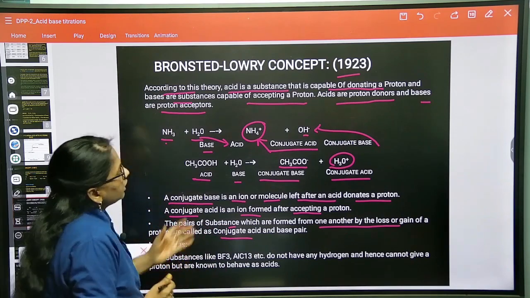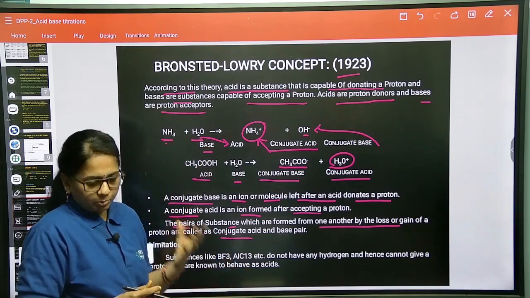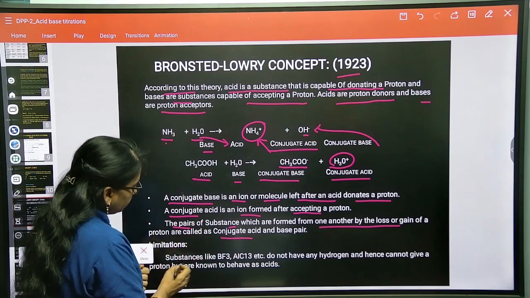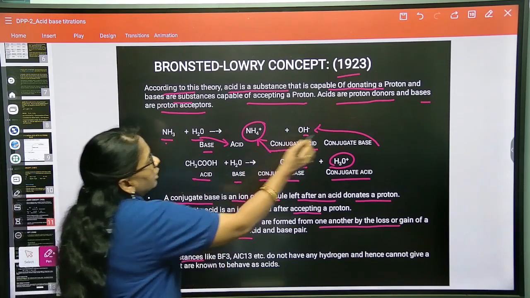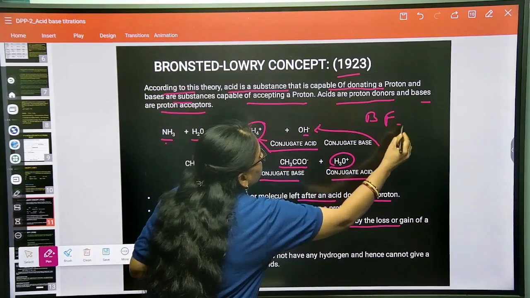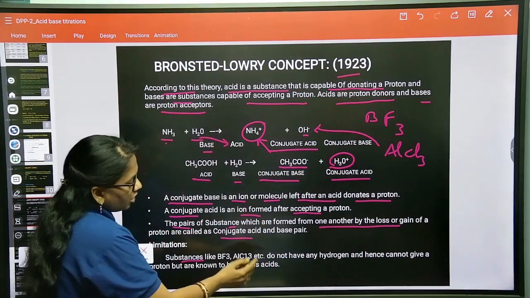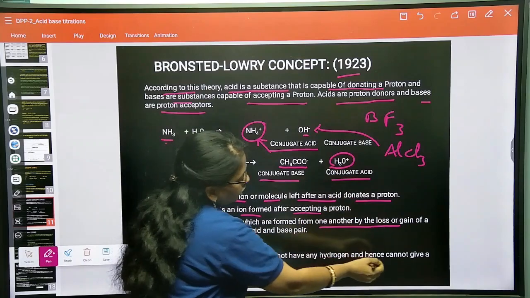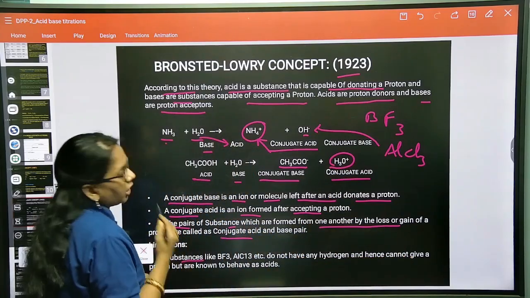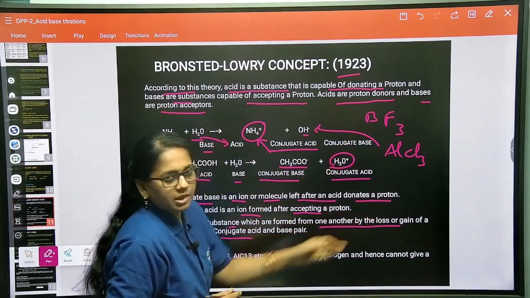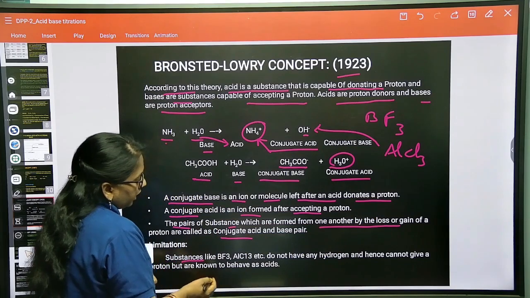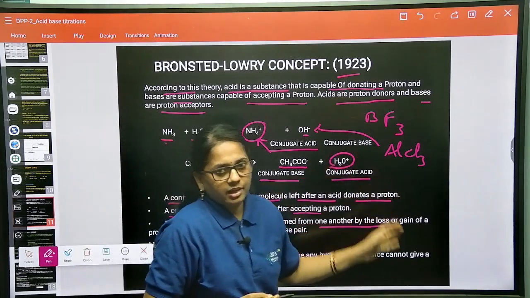But this theory also has some limitations. So what are the limitations? Substances like BF3 and aluminum chloride AlCl3 do not have any hydrogen and hence cannot give a proton. These compounds cannot donate a proton, so how are they going to act as acids?